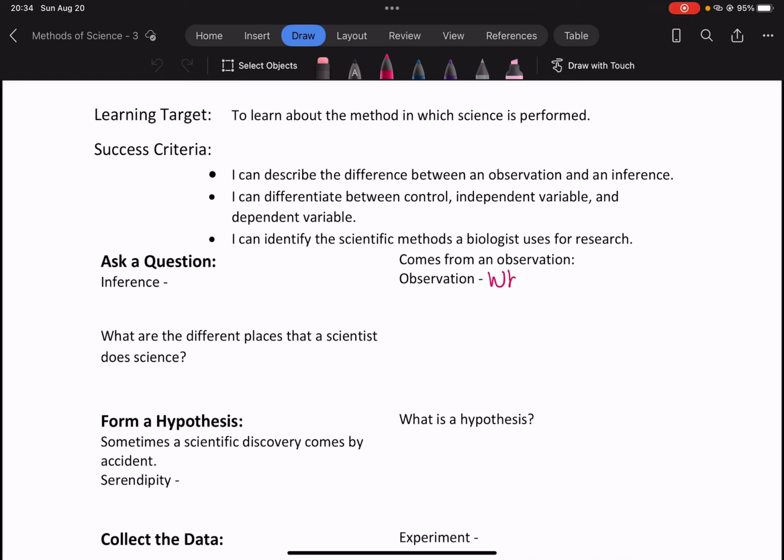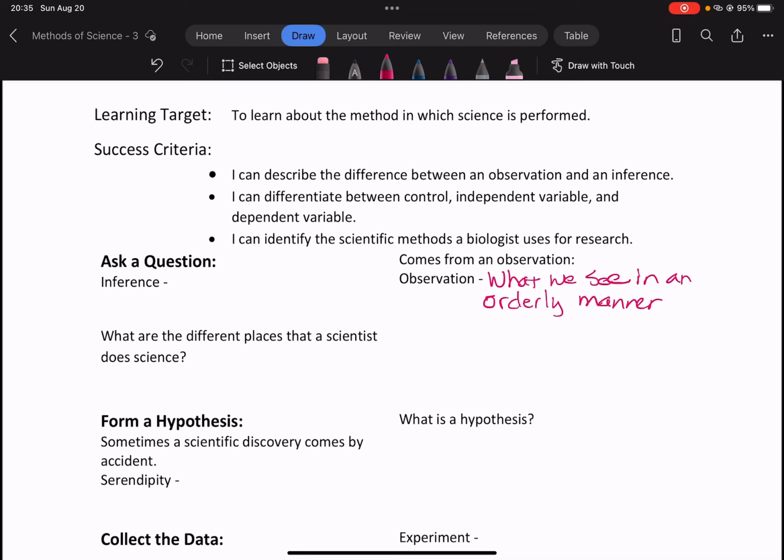So an observation is what we see, and it's usually done in an orderly manner. So we're looking at an observation, we hear it, we see it, we do it in an orderly manner. And from that, we can make an inference.